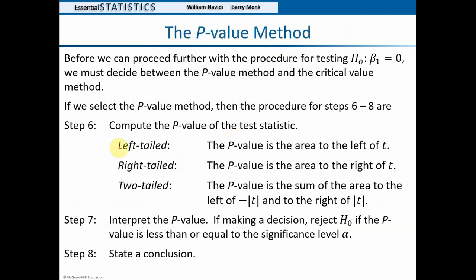Okay, so this is a little different. You're either going to be given this, do it as a left tail or a right-tailed or a two-tailed. But here I would have something like, if B1 was equal to negative 2.6 or some negative number, I'm going to do a left-tailed.